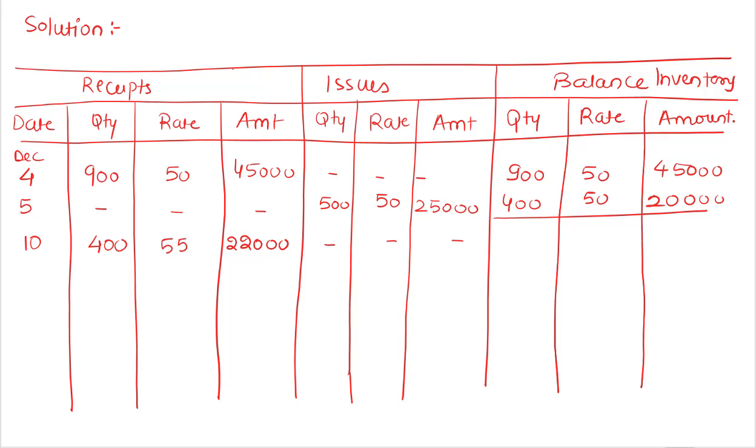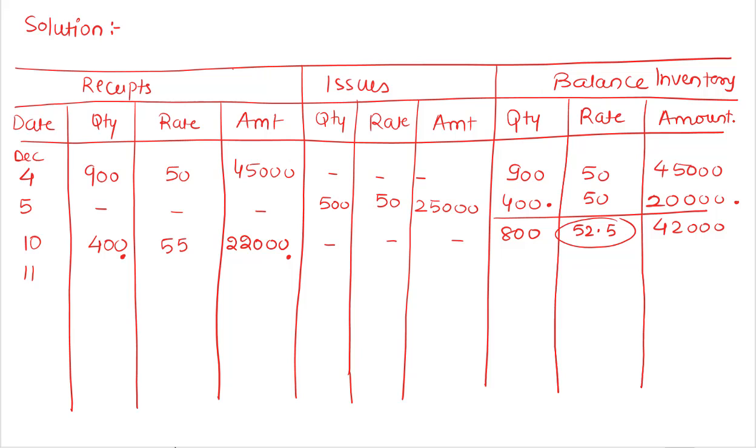Now, recording the balance inventory. 400 this and 400 this. 400 and 400, 800. 22,000 plus 20,000, 42,000. 42,000 divided by 800, the balancing figure is 52.5. This is the average rate, 52.5. December 10 is done.